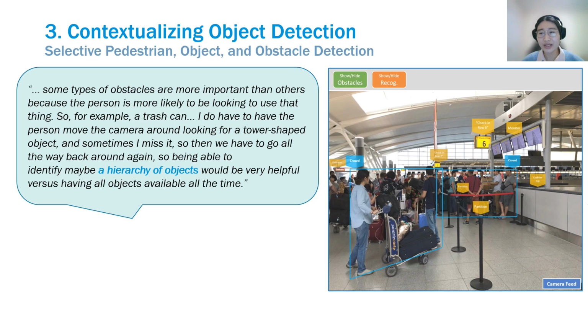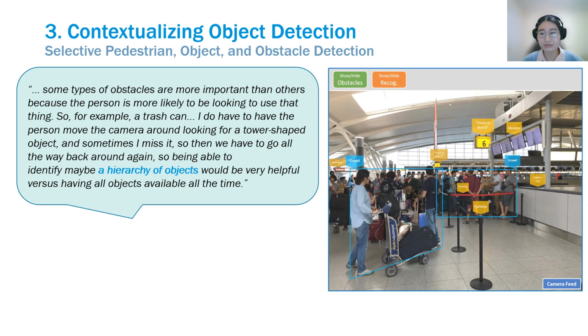So then we have to go all the way back around again. So being able to identify maybe a hierarchy of objects will be very helpful versus having all objects available all the time. End quote.